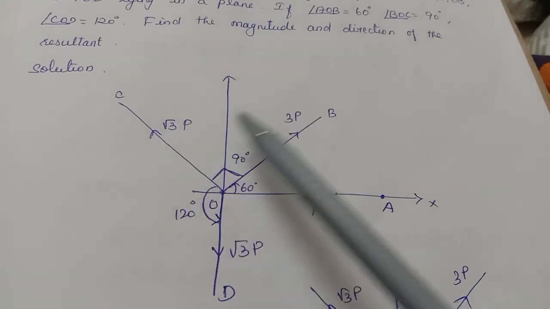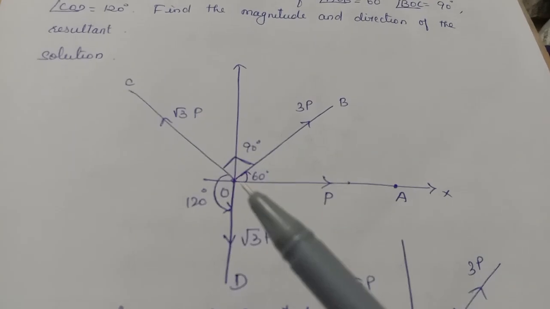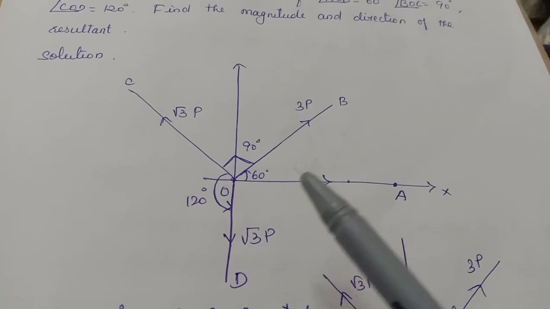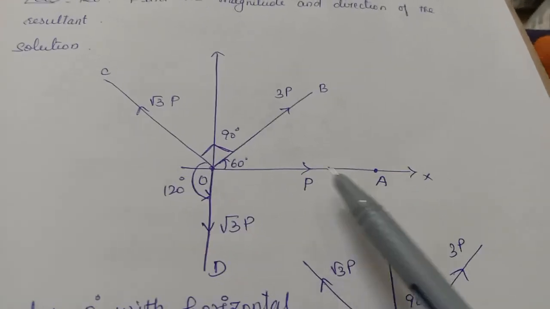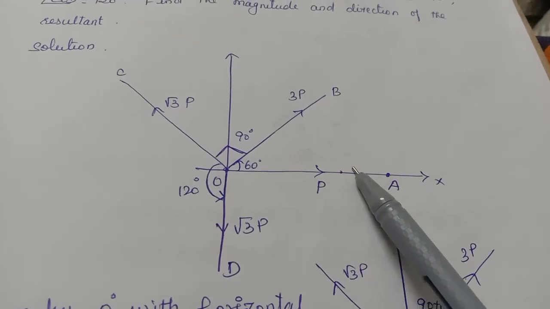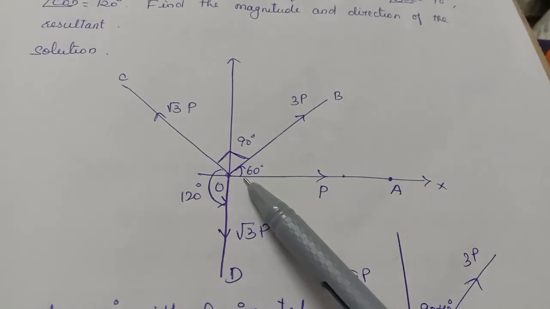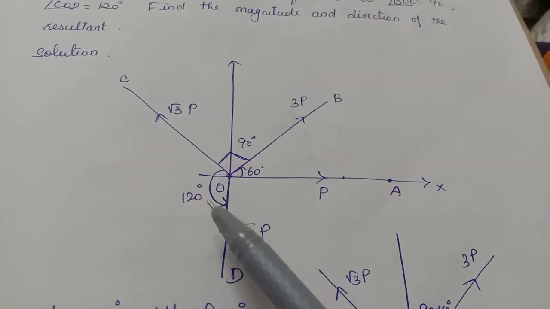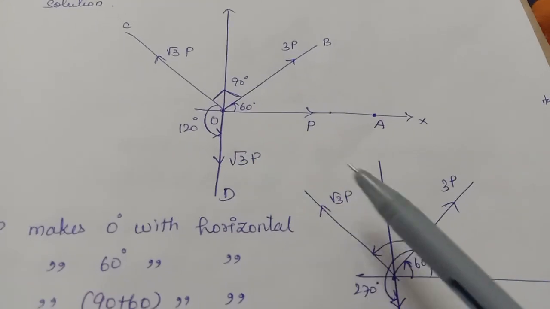But this is what is given in the question. But for me, what should I do? I want to find the angle made by the forces with the horizontal line, isn't it? For P, it's okay, it is 0 degree. For 3P, it's okay, it is 60 degree. But for these 2 forces, I have to find the angle made by them with the horizontal line. So how will you find?